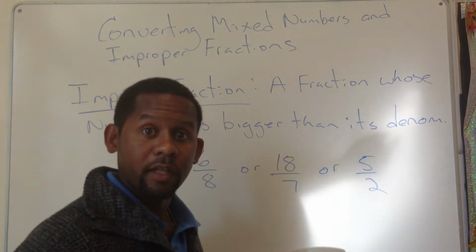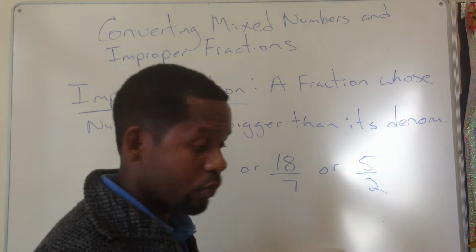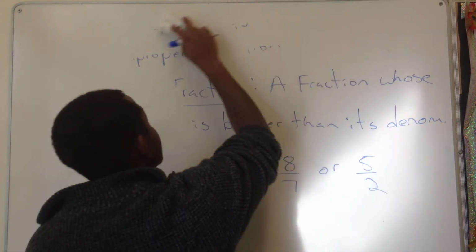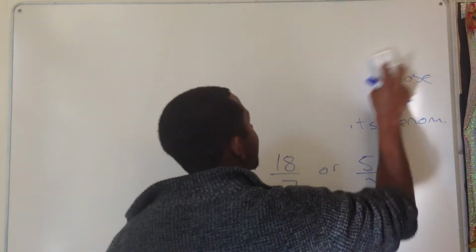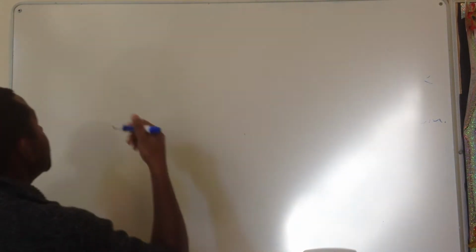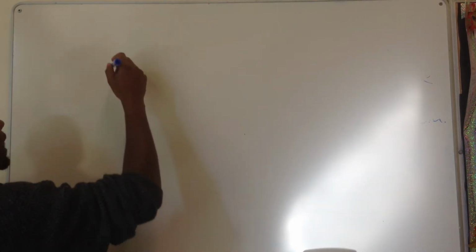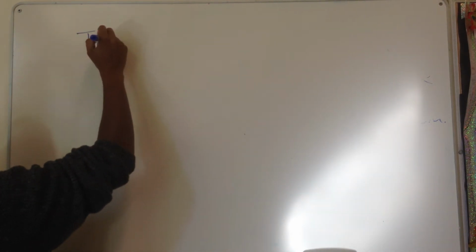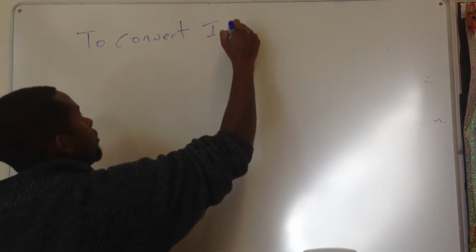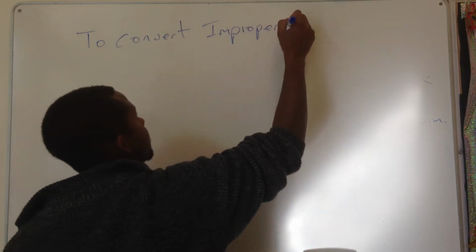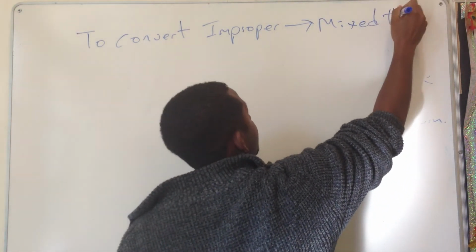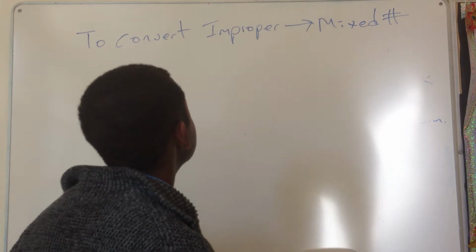Okay? Now we can change those, and we often want to change those into mixed numbers. Alright? So here's how we would go about making that happen. To convert an improper fraction into a mixed number, here's what I want to do.